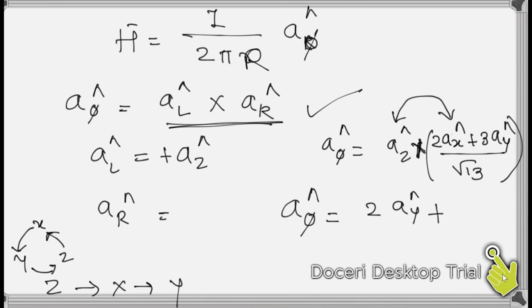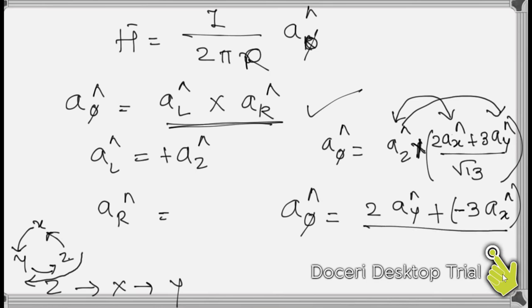Now next is aZ cross aY. Here we have to go in the reverse direction, so that will come as minus aX cap, but there is a coefficient of 3, so it is minus 3aX cap, divided by square root of 13. I keep it as it is.